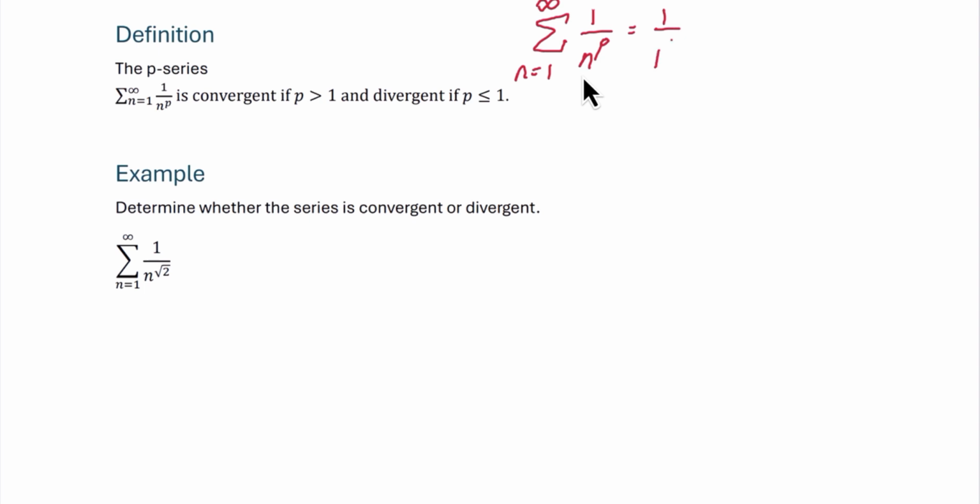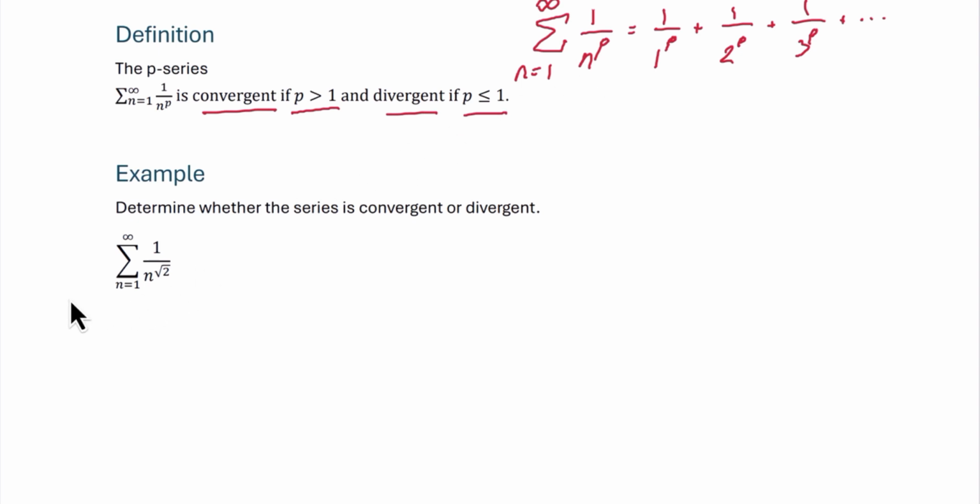We have 1 to the p plus 1 divided by 2 to the p plus 1 divided by 3 to the p, and so on. And the rule is, if p is greater than 1, strictly greater than 1, we have a convergent series. And it's going to diverge if p is less than or equal to 1.